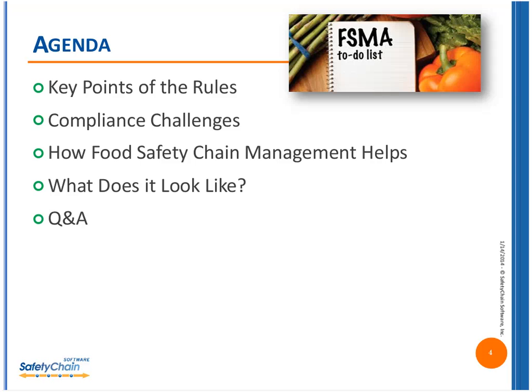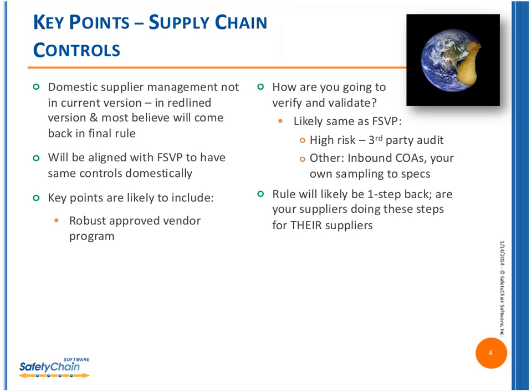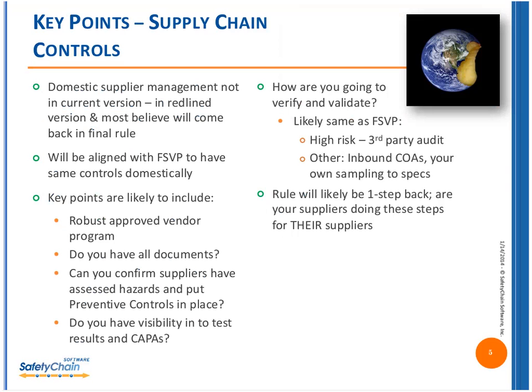We're then going to look at some of the compliance challenges that companies have with these rules, and then look at how food safety chain management helps. I'm then going to bring Dave on, who's going to show you a quick high-level demo of what that looks like, and then we're going to bring Dan on to answer all of your questions. So with that, let's move right along.